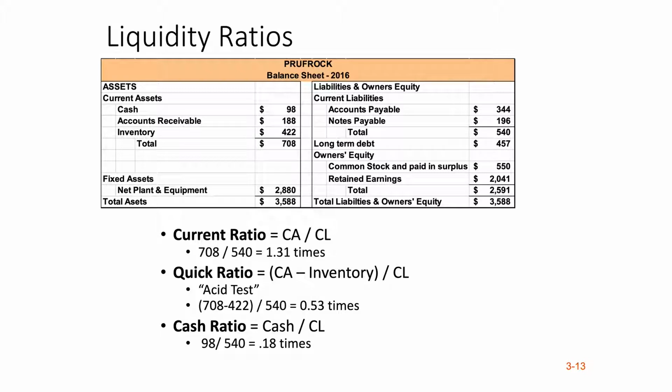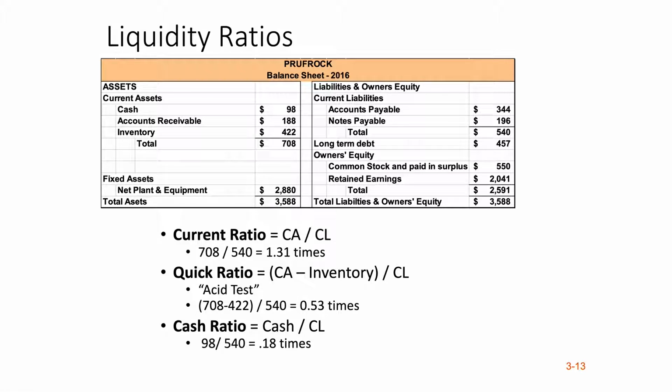So current assets minus inventory, you get what we call the quick ratio. So 708 minus 422, what's left, divided by 540, is 0.53. That means it's not really fully covered, all the current liabilities.